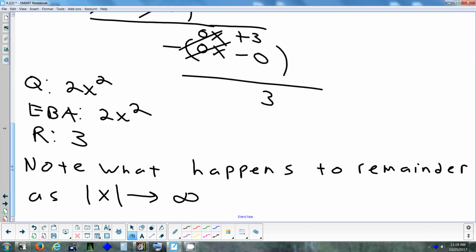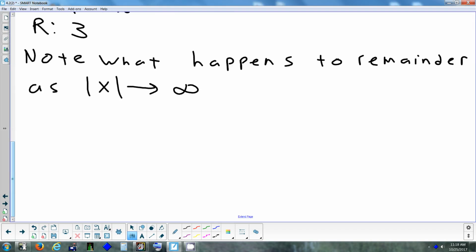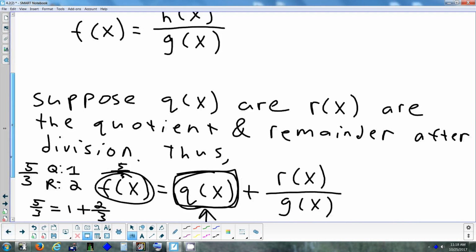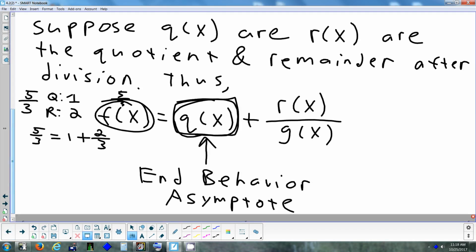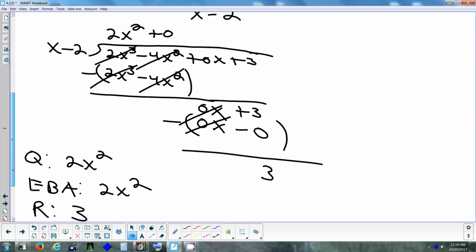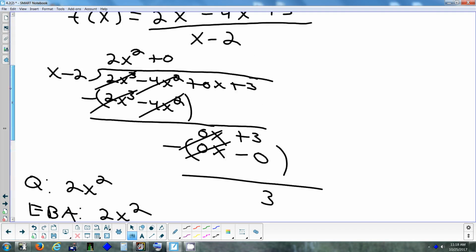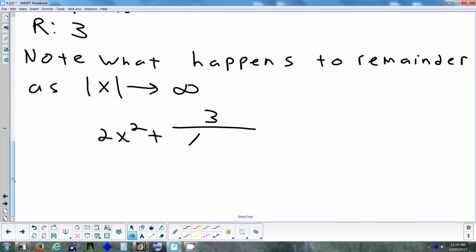Right, so I want to think about writing it the way we had with that formula on the other page, and look at what happens to the remainder part, the part that has the remainder in it. So let's write quotient plus remainder over divisor, x minus 2.